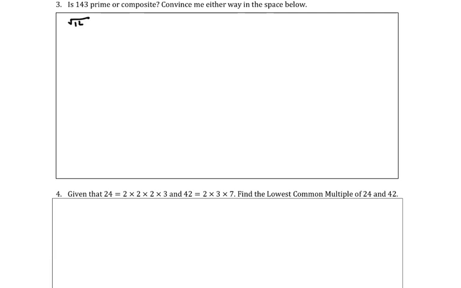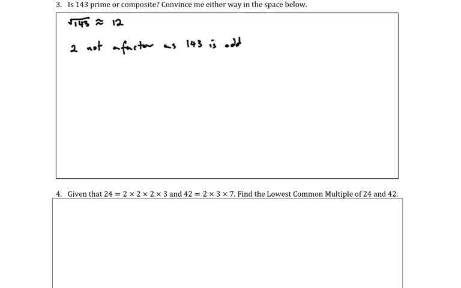Composite means it's built, prime means it's not built, but builds new numbers. 143, well, we need to know its square root. We know that the square root of 144 is 12, so the square root of 143 is slightly smaller than 12. Let's test the possible small factors, which are the primes less than the square root of 143. So 2 is a possible small factor, but it's not a factor because 143 is odd.